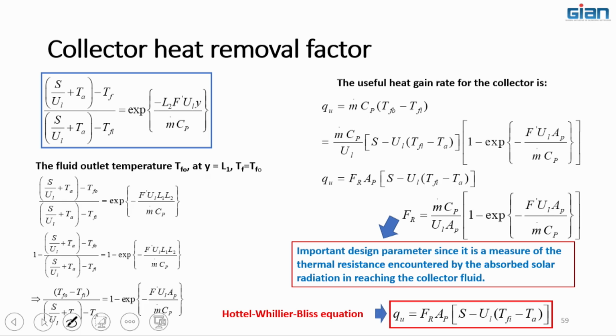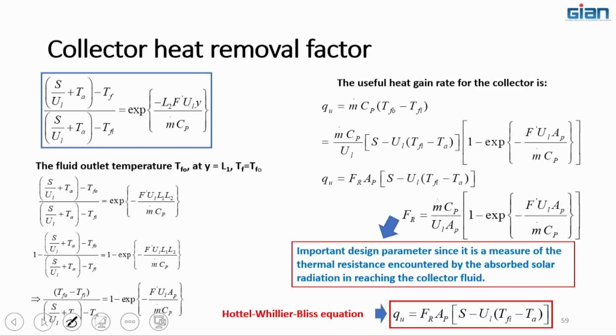What is the significance of this? This is a design parameter, since it is a measure of the thermal resistance encountered by the absorbed solar radiation in reaching the collector fluid. Lower the thermal resistance, higher is the efficiency. How we can achieve that is our concern.